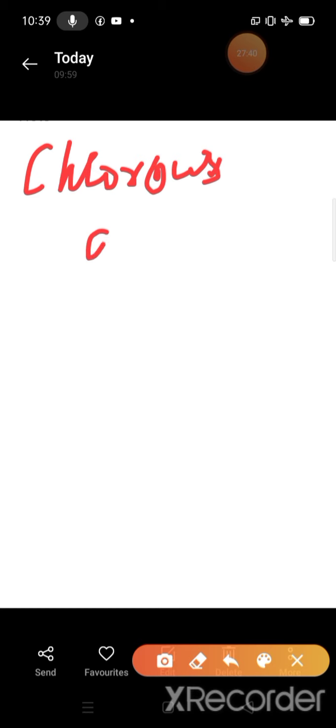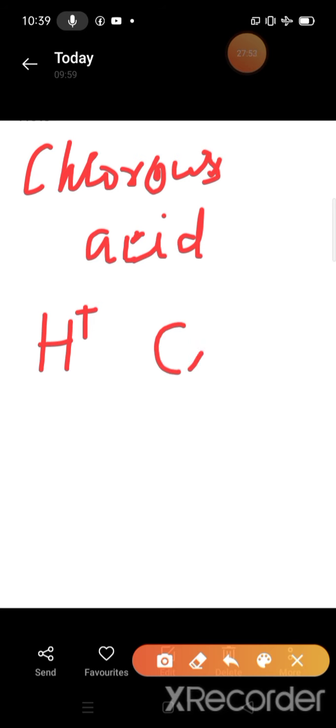Chlorous means chlorite, ClO2 negative. Its valency is 1 and H's valency is also 1. Valencies are cross transferred. The formula of chlorous acid is HClO2.